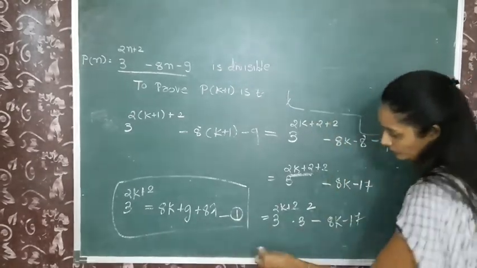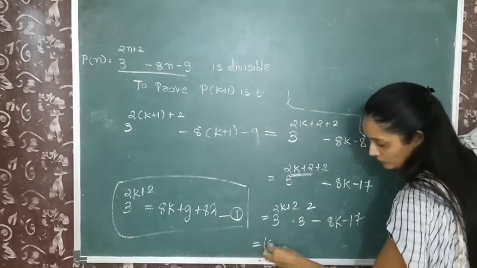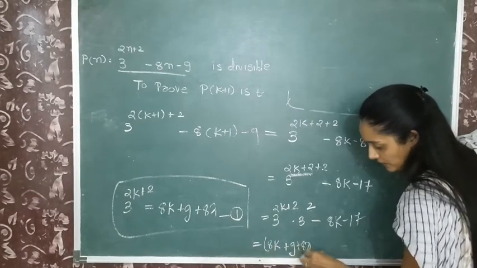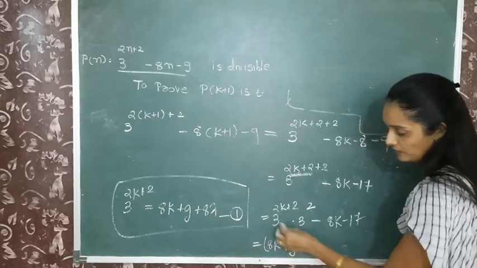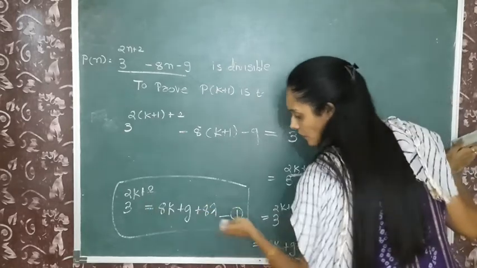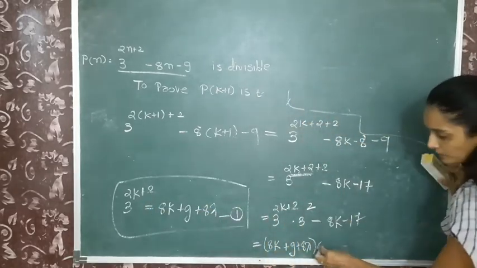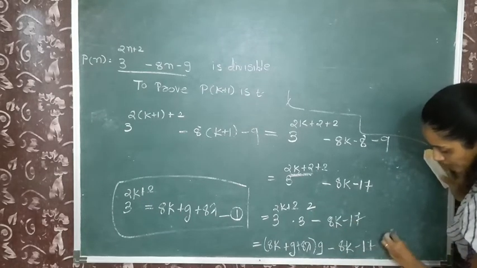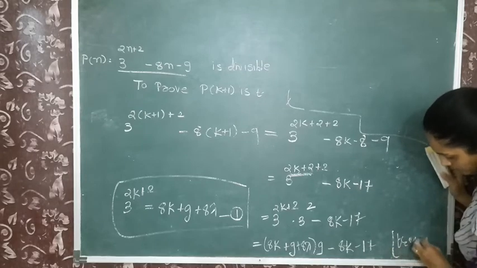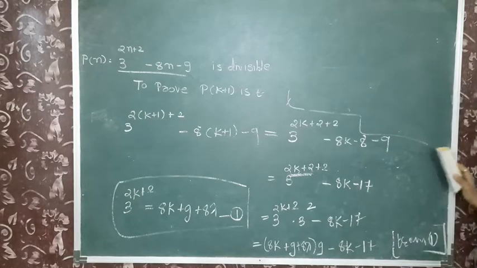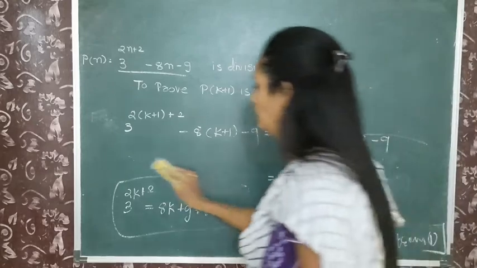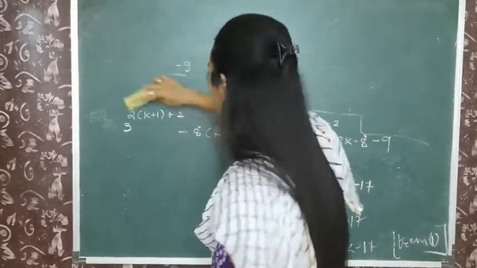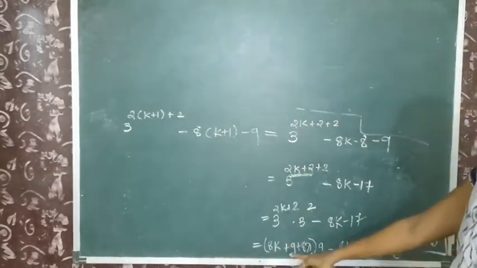So 8k plus 9 plus 8 lambda. Okay, replacing value of 3 raised to 2k plus 2 from 1, and 3 square, that means 9. These two terms are as it is, and in the bracket we can write from 1. Okay, now we expand this bracket.